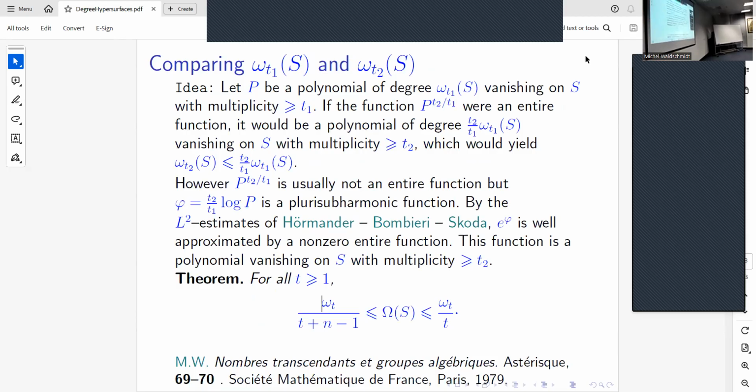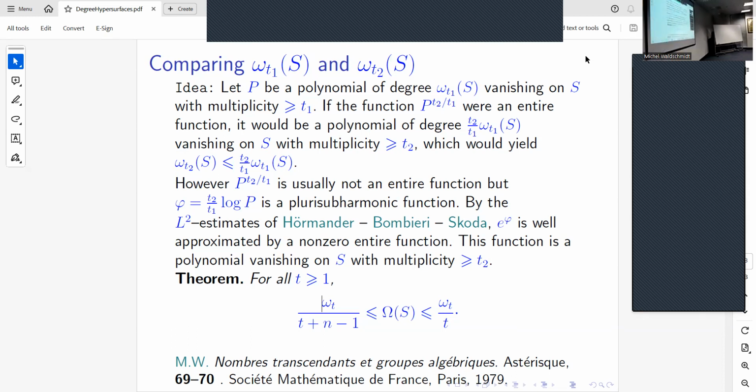So I would like to explain the idea behind this proof to give a lower bound. And it's really heuristic, but it explains the idea. So the idea is the following. You take a polynomial of degree omega t1 of s, with multiplicity t1. And the idea is to look at the function p of z to the power t2 over t1.